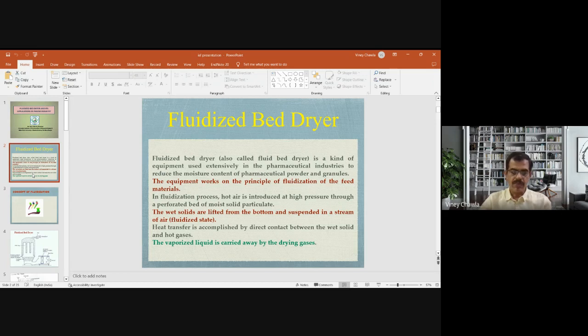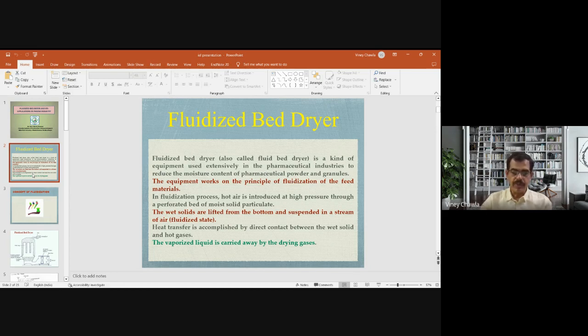So in this bed dryer, we are accomplishing heat transfer by direct contact between the wet solid and hot gases, and vaporized liquid as it evaporates leaves the contents through excellent heat and mass transfer. It is carried out by the drying gases which are collected in a cyclone separator.